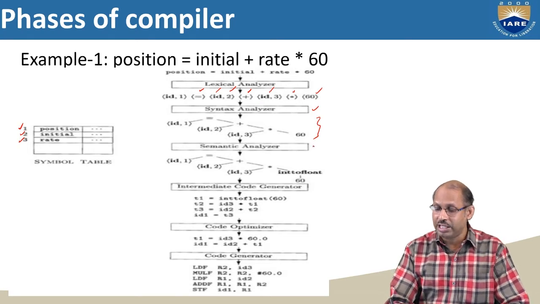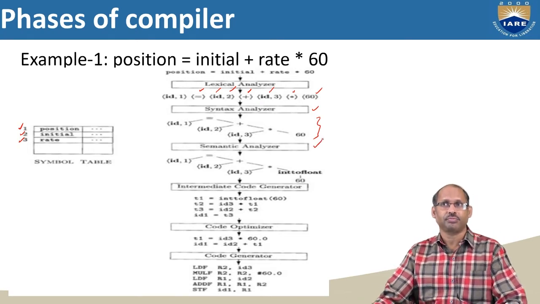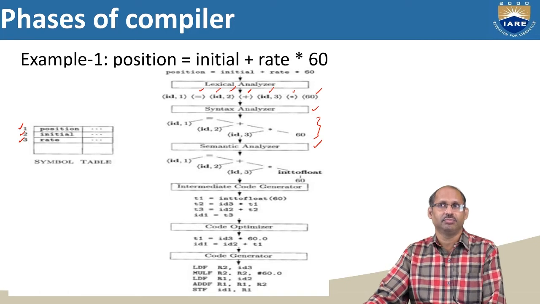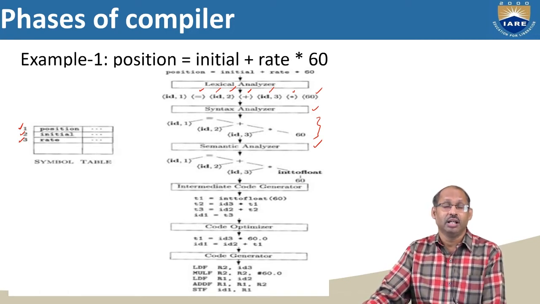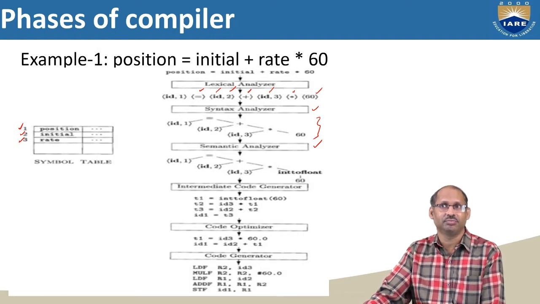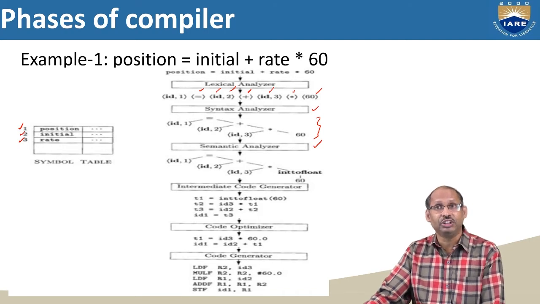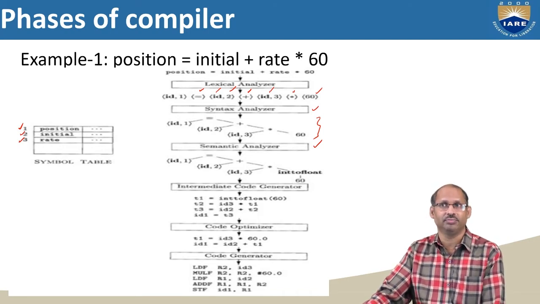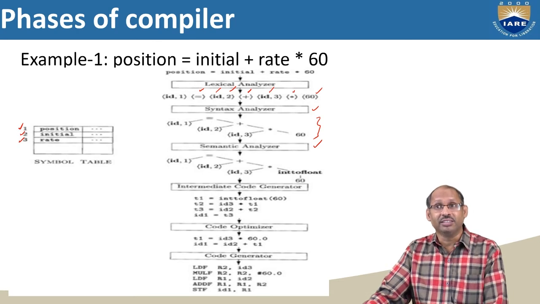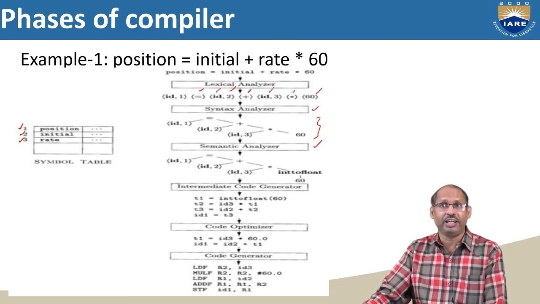The third phase of our compiler design is the semantic analyzer. The semantic analyzer checks whether this expression statement will be executed properly or not. If any modifications are required, it tries to perform them.